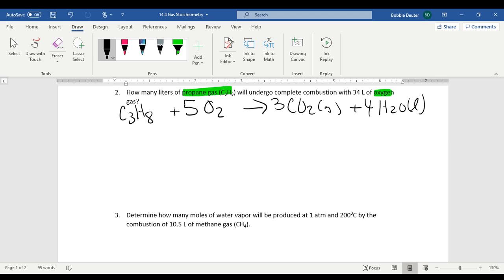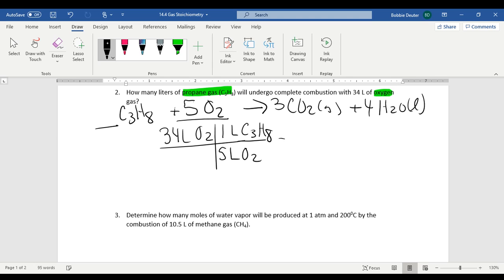So in this case, we start with 34 liters of oxygen, and it's asking how many liters of propane. Well, if we look, we have 5 liters of oxygen gas based on the chemical equation and 1 liter of propane.